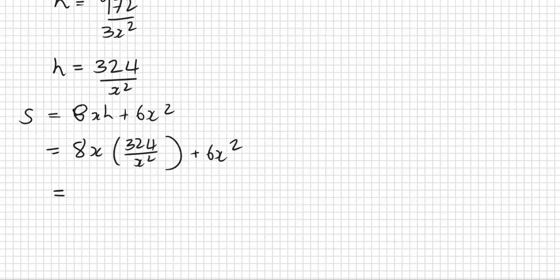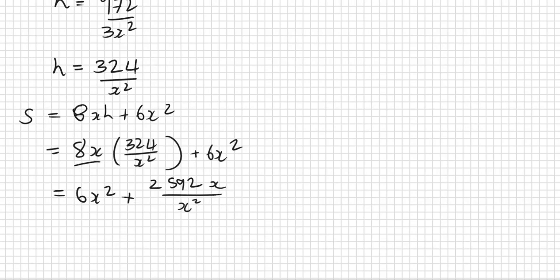And this simplifies to 6x squared. Let's bring the 6x squared to the front. 8 times 324 is 2592. If we take these x's, it'll be 2592x over x squared.